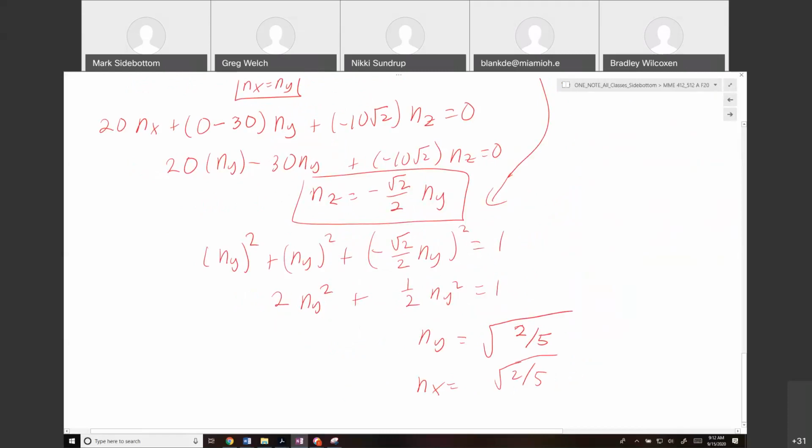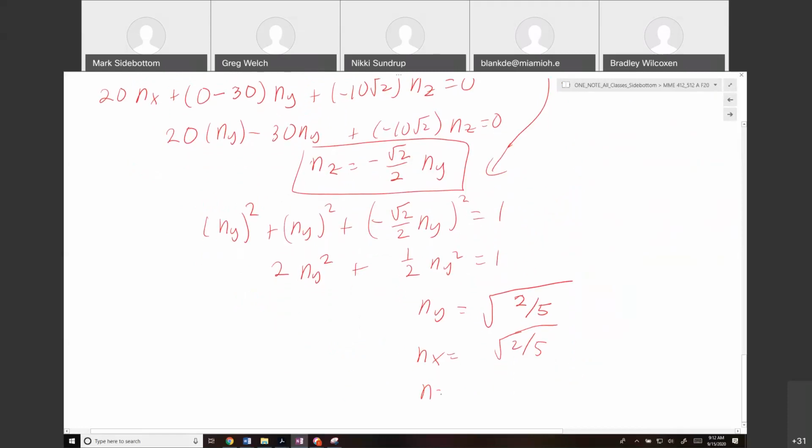And then nz would be equal to the square root of 2/5 times negative radical 2 over 2, which would be equal to minus radical 5 over 5.